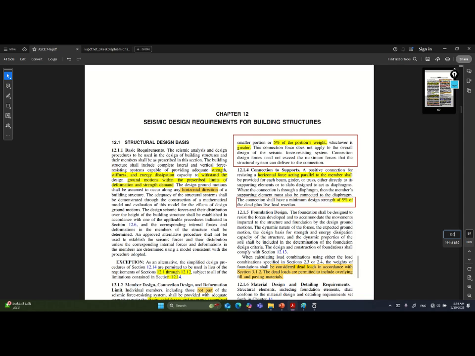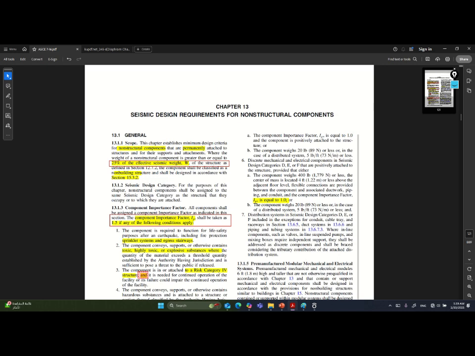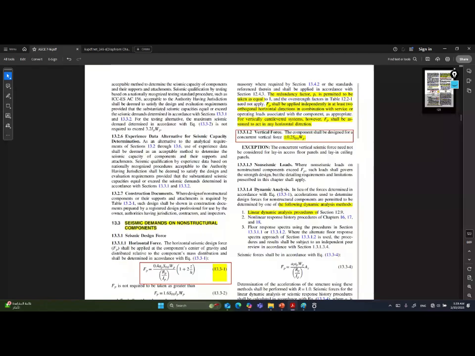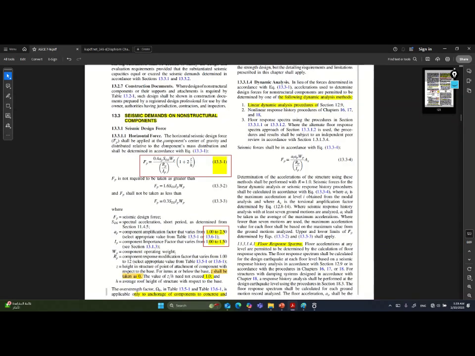Chapter 13 is for non-structural components, so you just need to focus on how to calculate the base shear of this equation, the relation of the z over h, and understand what the ap factor is and what the Ip factor is, so you have the general idea, because if you get this question in the exam, you already know what these factors are.